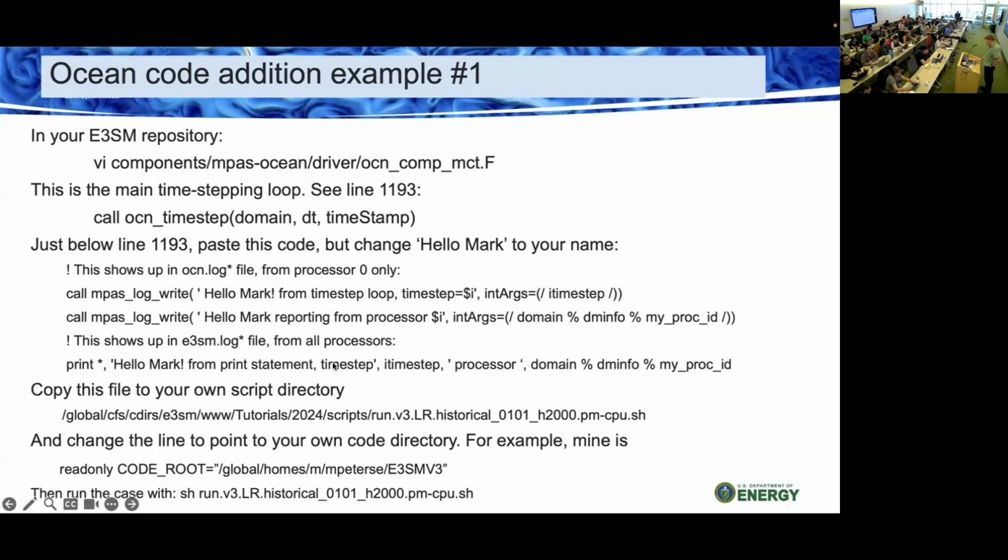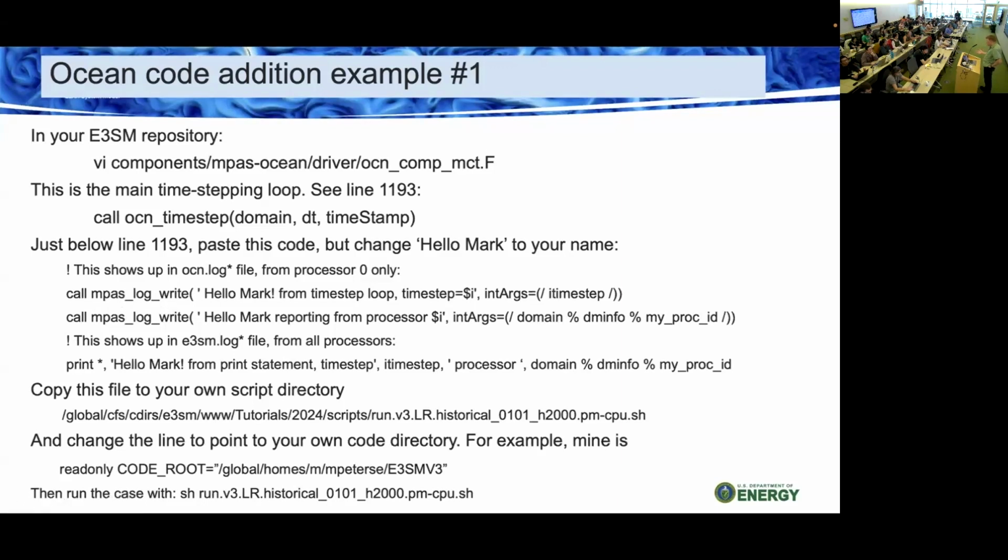The other thing is that I believe we're running 2 node jobs right now. And how many cores per node do we have? 128? So there's 256 if you're running on 2 nodes. The logging system in MPAS only writes 1 message for convenience.